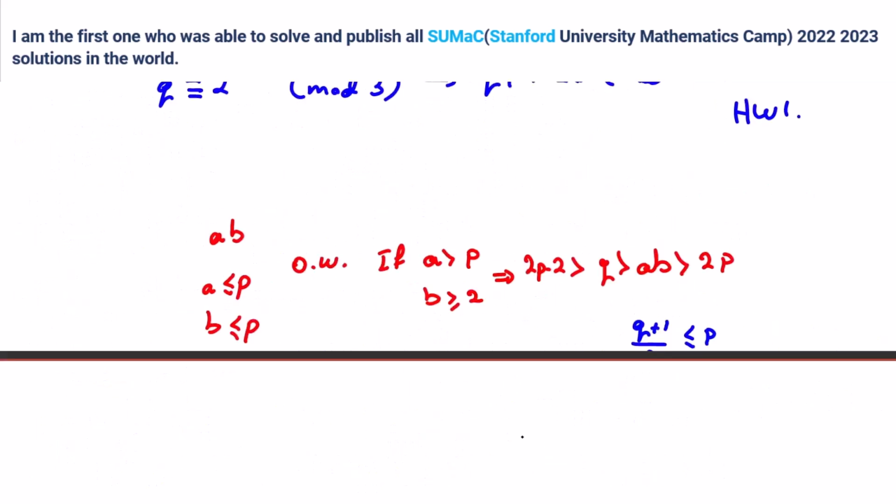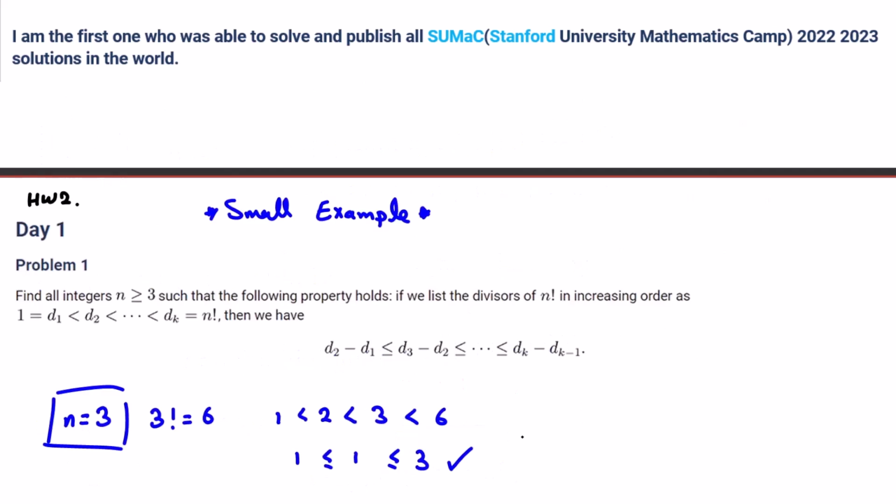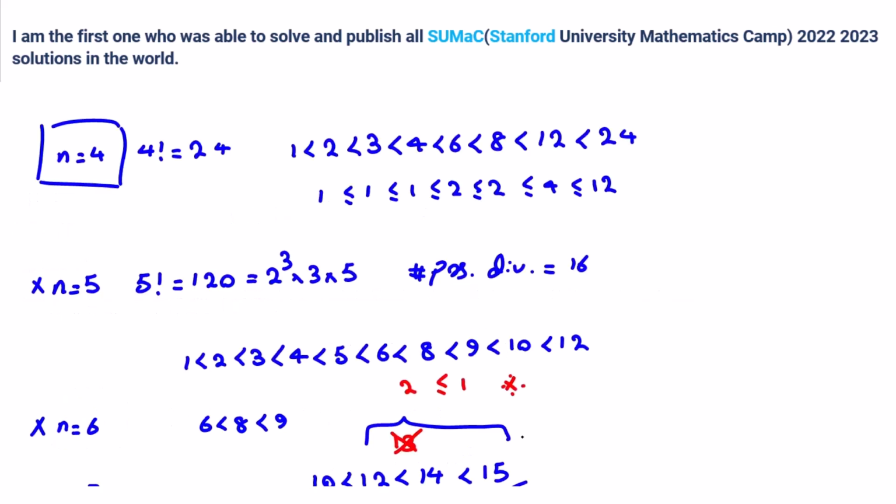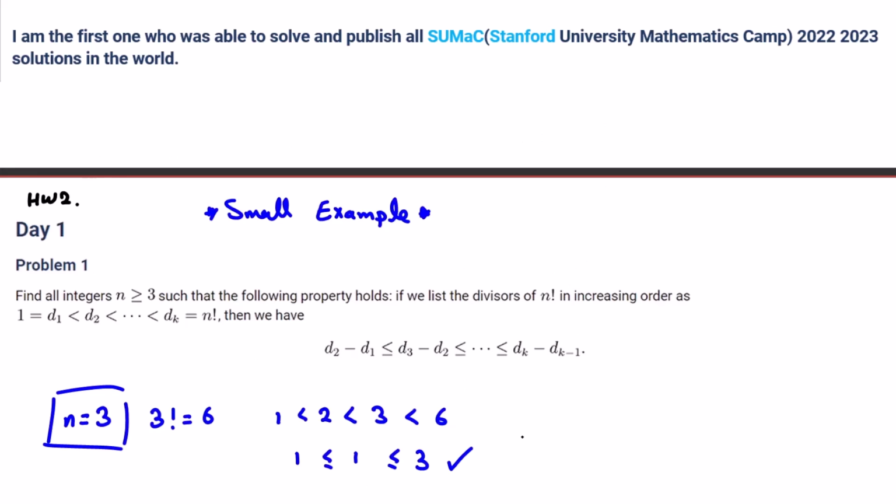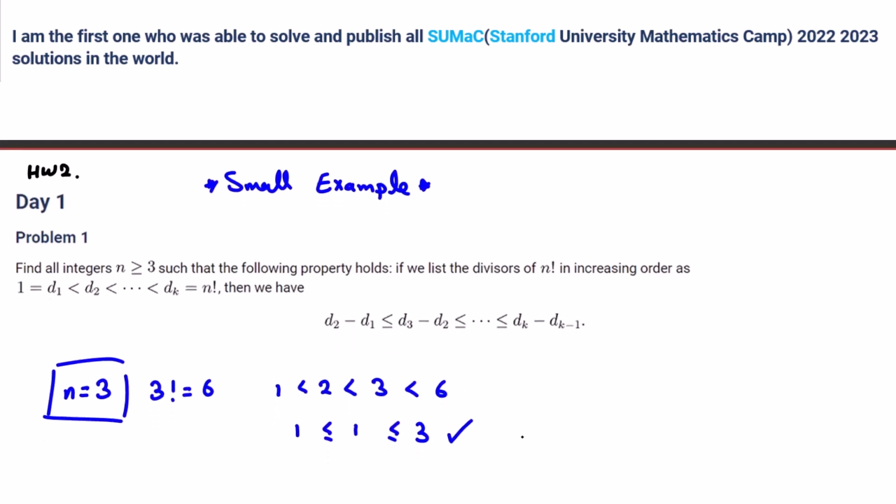Okay, last session, we were working on this USAMO problem, right? Okay, problem 1. It says n factorial divides the sum of divisors of n factorial.